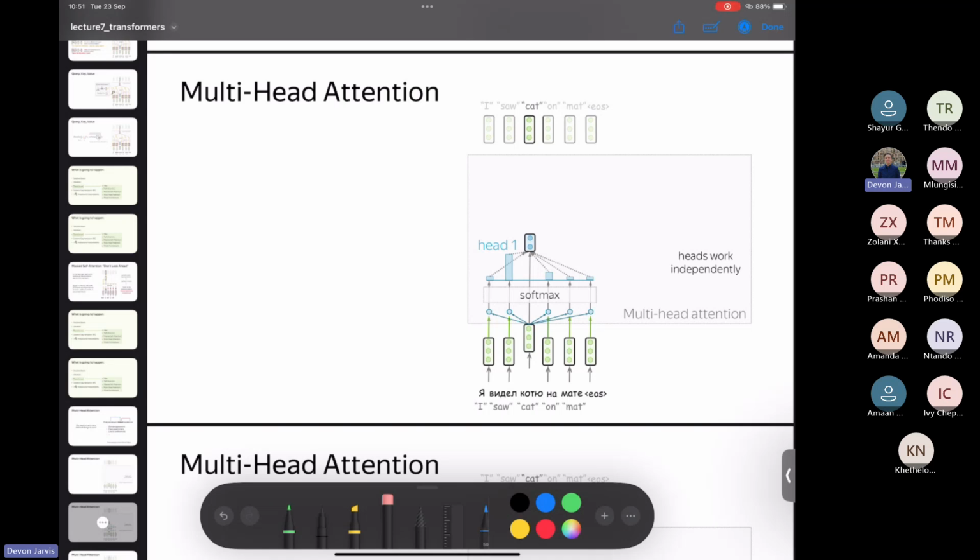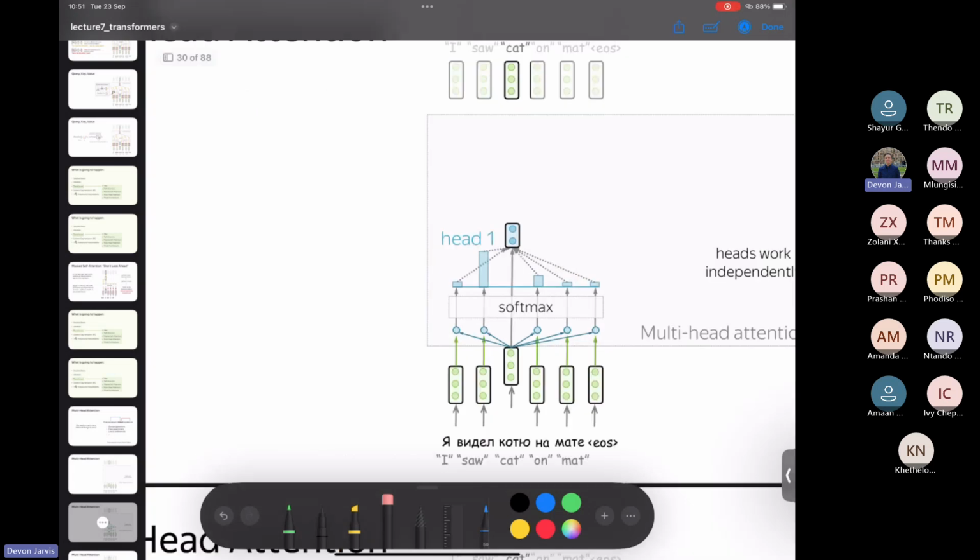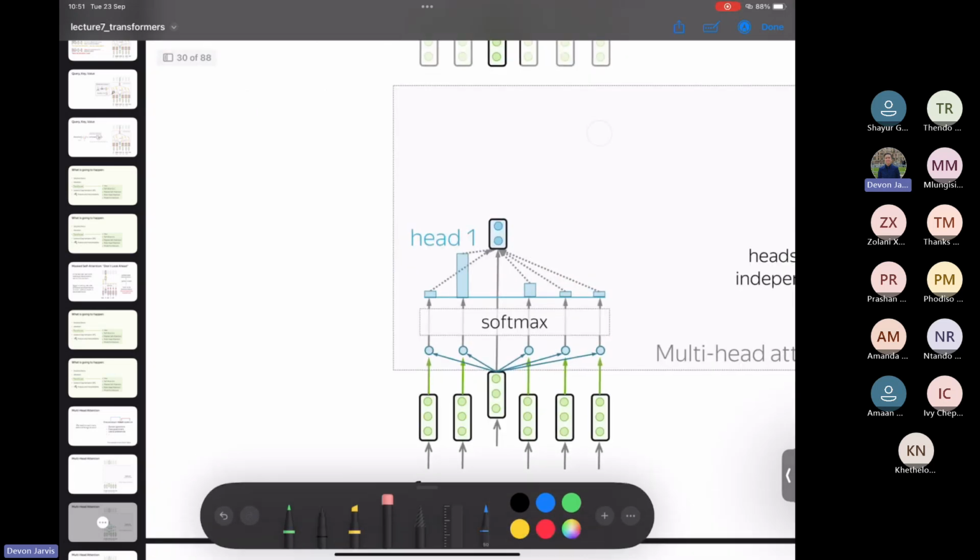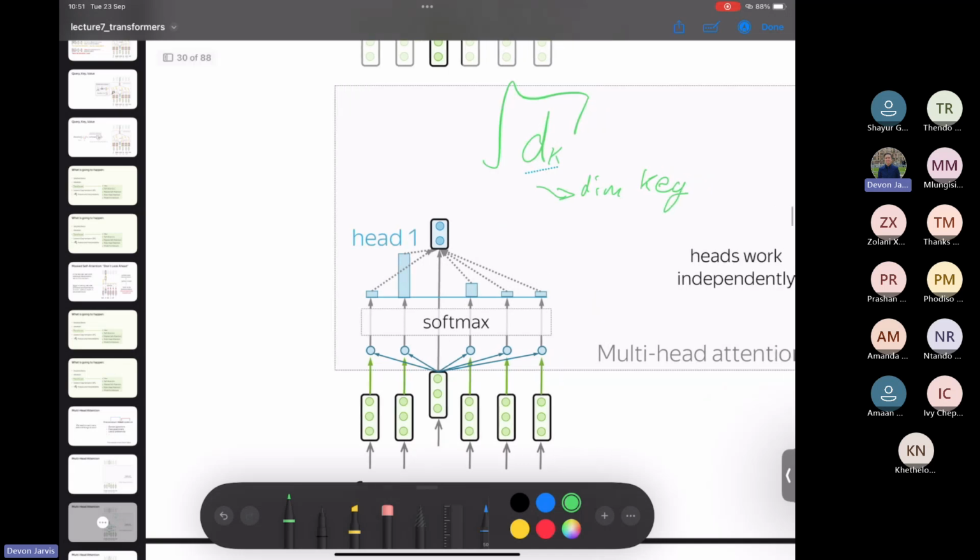So I know we've abstracted away a few things. We're not now showing you the keys and the queries and the values, but that is the mechanism that's being used to propagate information forward over here. One thing to note is while we did have that D of K notation earlier, all right, and we were square rooting it, D of K was the dimension of our key, and by implicitly also the dimension of our query, because they had to be dot producted, all right?